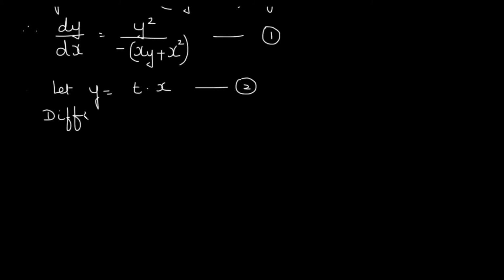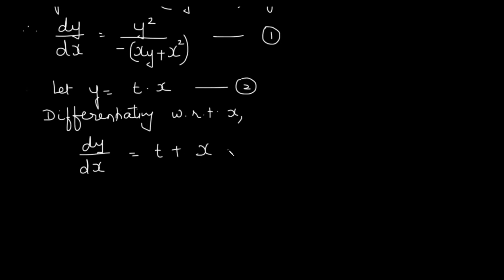Differentiating with respect to x, we get dy by dx is equal to, dy by dx becomes now t into x. Yes, we use the product rule of differentiation. So we get t plus x dt by dx. This step is going to be fairly common for all the sums that you're going to do over here. So this is our third equation.